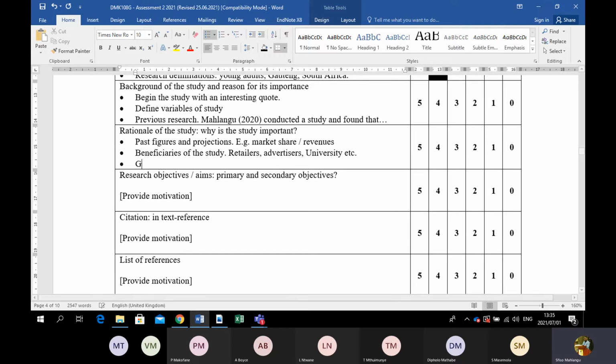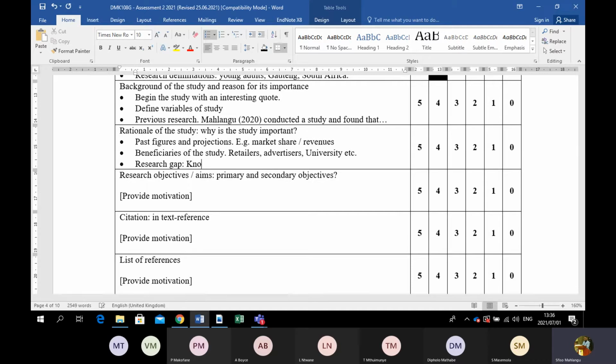And then there's also a gap. Why is the study being conducted? So usually research gap, even when you write your research proposal, you need to illustrate or show this aspect. What is the gap that you find in the literature? What is missing in the literature? And why are you conducting the study to fill that gap?